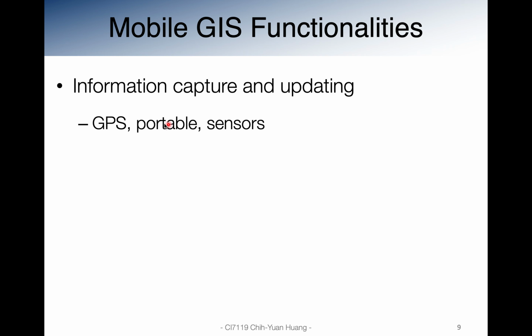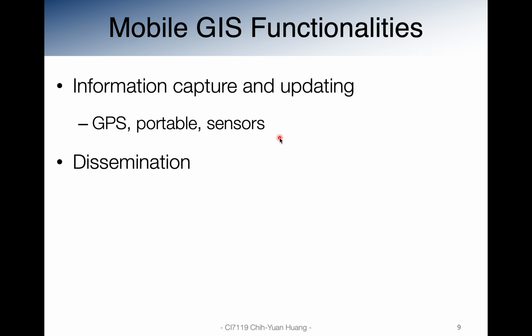It can be through sensors like GPS or GNSS sensors, and it's portable, so you can take it everywhere and collect information at different locations. And the sensors on the mobile devices can be utilized as well.